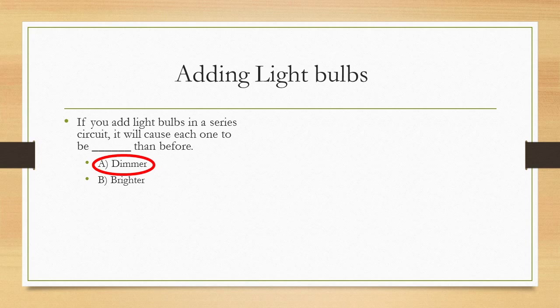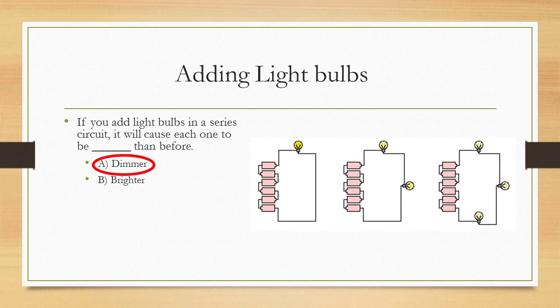And the answer is A. And you can see this in this diagram, as in the first picture, there's a very bright light bulb that just has one complete loop. Whereas in the second picture, there's two, and they're much fainter than the first light bulb. And then finally, you have the last one on the right, where all three of them are in series, but they're very dim and almost not glowing.